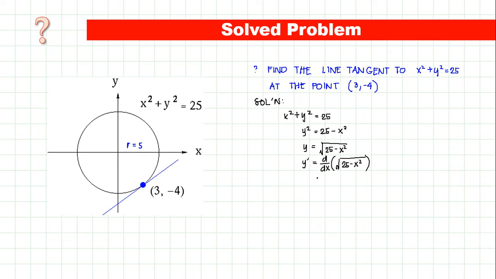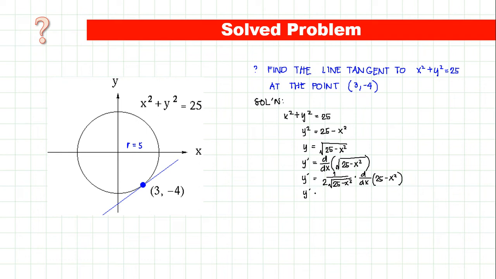Using our formulas that we already discussed in the previous presentations, the derivative of the square root, using chain rule, will be 1 over 2 times the square root of 25 minus x squared, times the derivative with respect to x of 25 minus x squared.